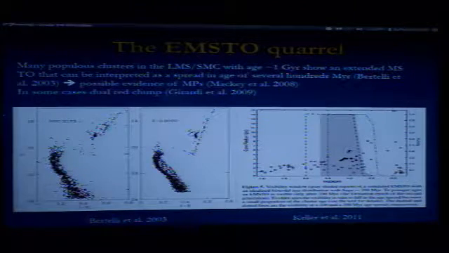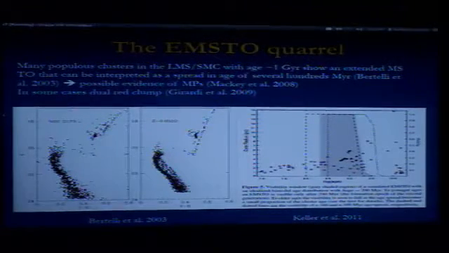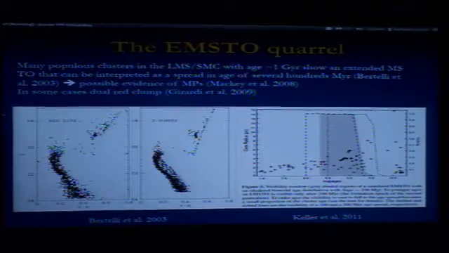So why not look at these clusters? And there have been many attempts, and the early ones found that there is a spread in color at the turn-off, or in magnitude, depending on how you look at it. And so this seemed a confirmation of this phenomenon.